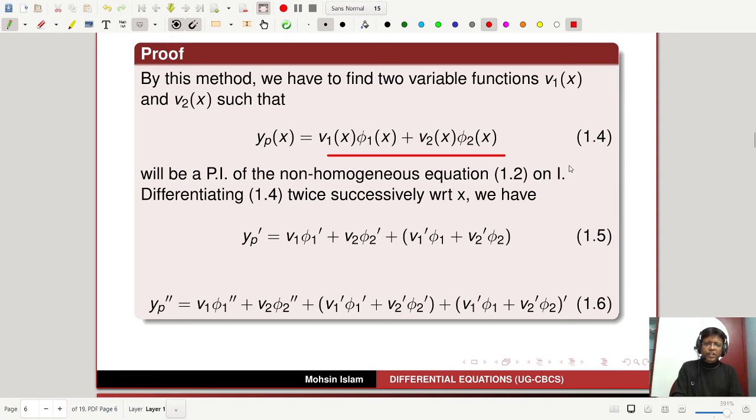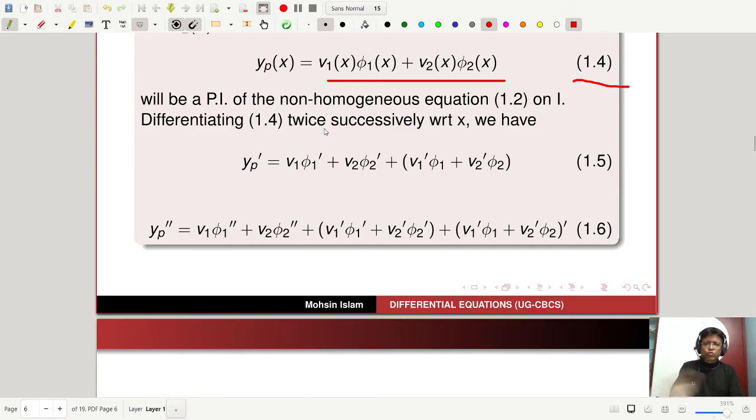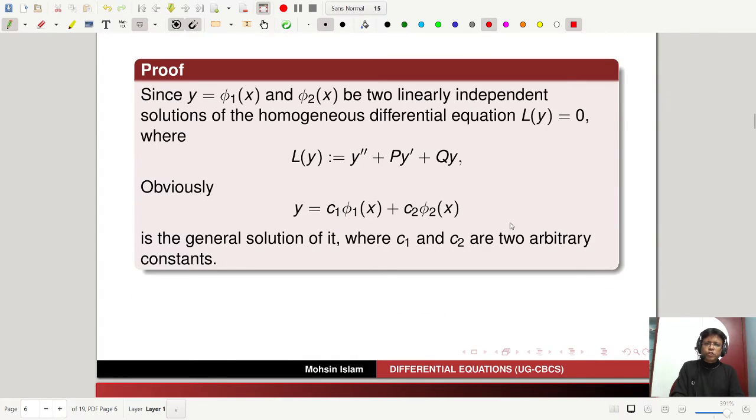Now differentiating this equation 1.4 with respect to x successively twice. I am differentiating twice. So this is your first order derivative, and this is your second order derivative. Now 1.5 and 1.6 are substituted in the given equation.